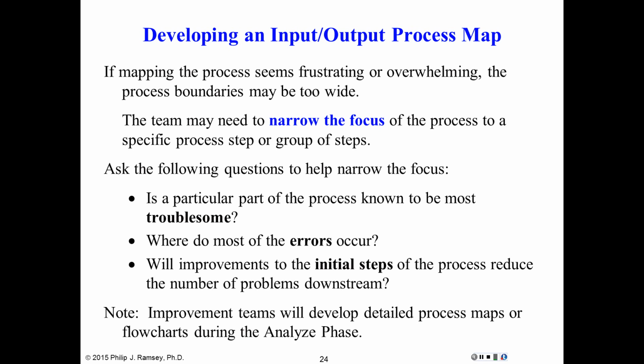Also, if you find yourself really struggling, the scope may just be too big. I've seen that happen where it's actually not one process. They group together a set of processes and they start getting very confused. So keep the scope manageable.